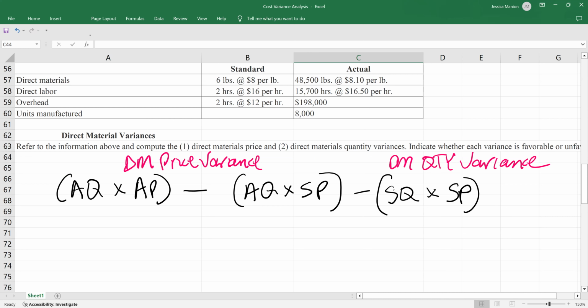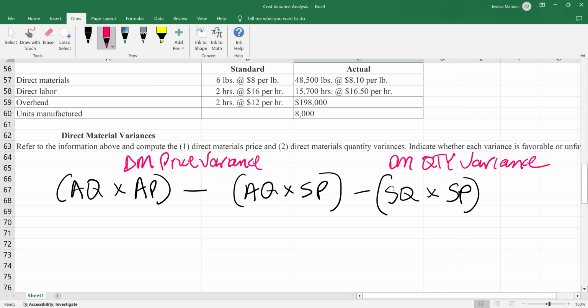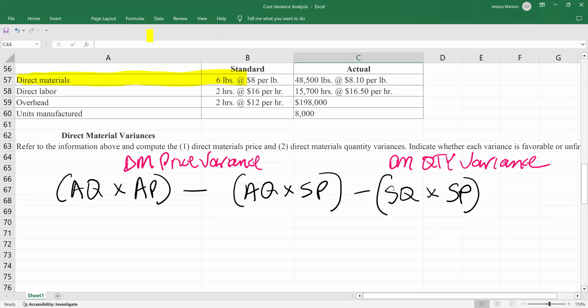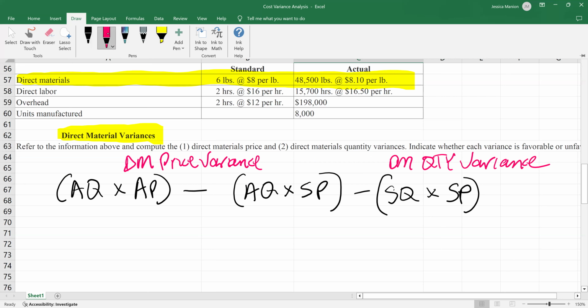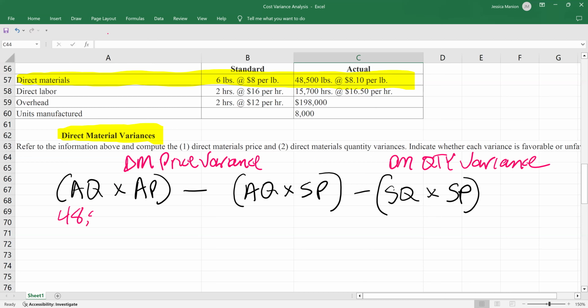Okay, so let's plug in our numbers here. So, actual quantity, and we're focused right now on this direct material line item, right? That's what we're computing, our direct material variances, okay? So, actual quantity, 48,500 pounds times actual price, $8.10 a pound.